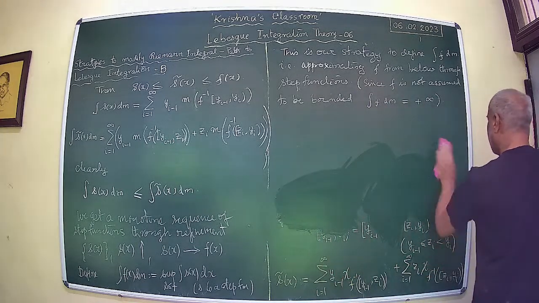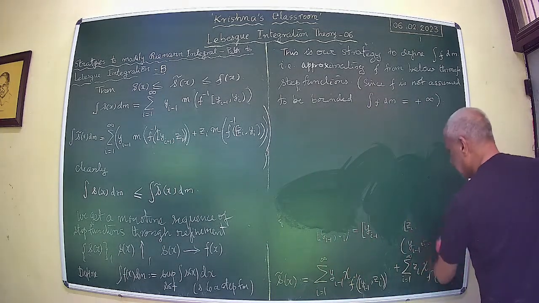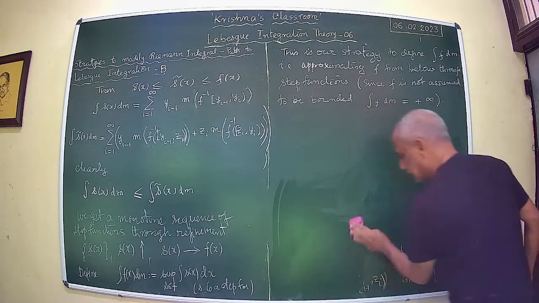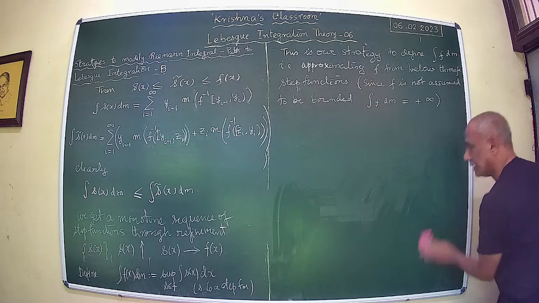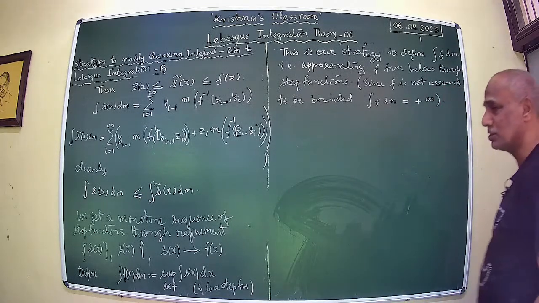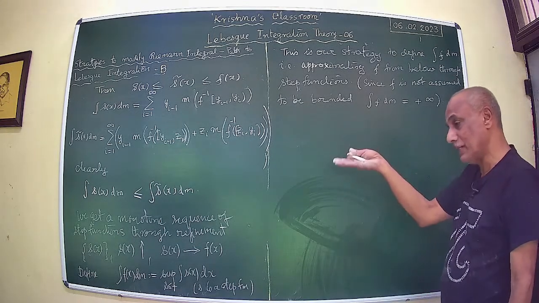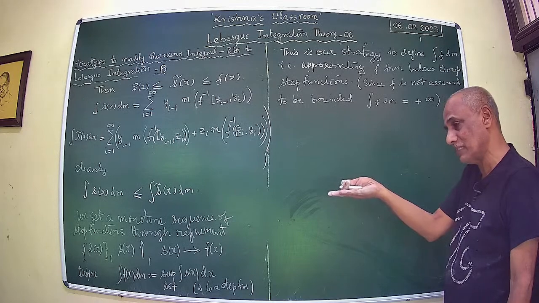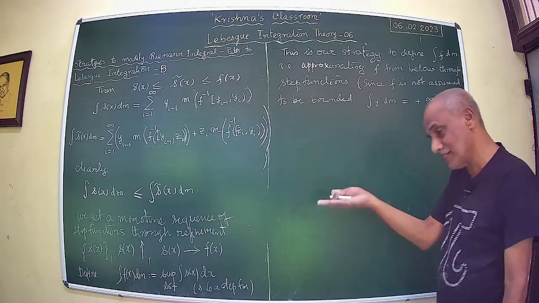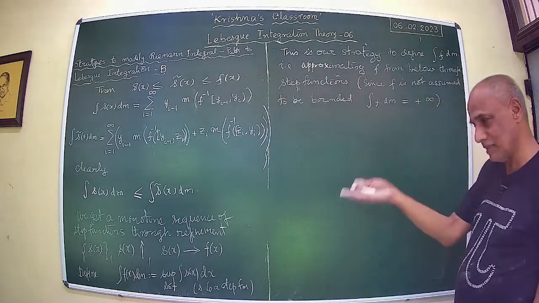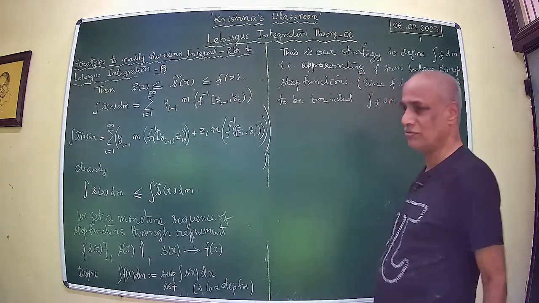This is exactly like in what you call the Riemann integration. Okay, in Riemann integration also we had two things. One, approximating from below by a class of step functions, but the step functions were a very restrictive class because they are associated with the partition of the domain.